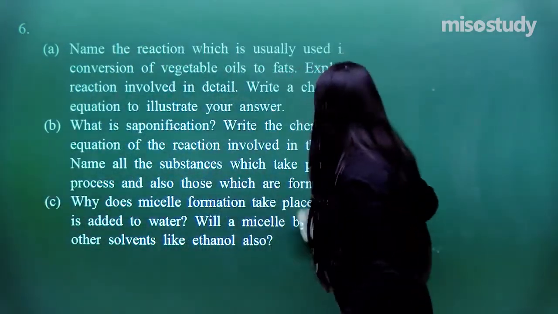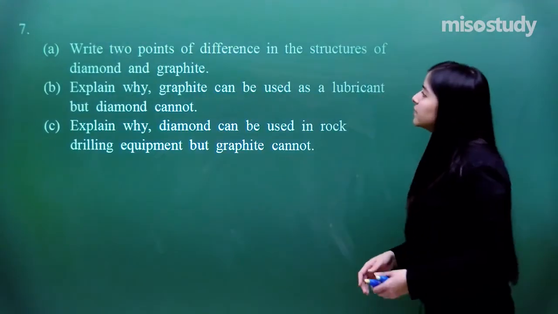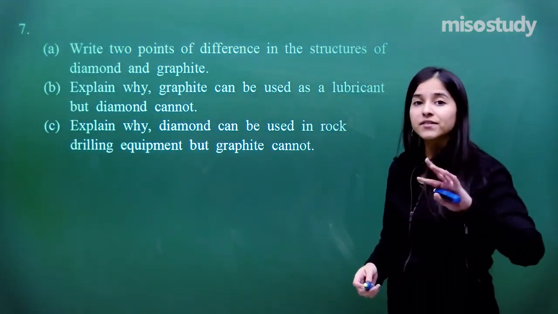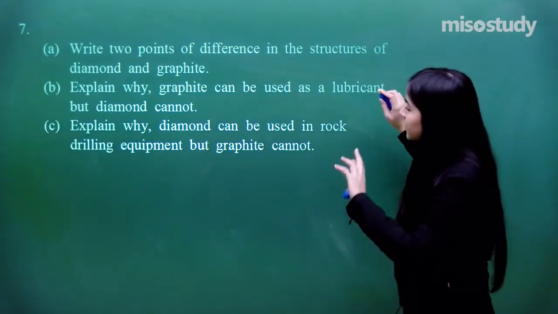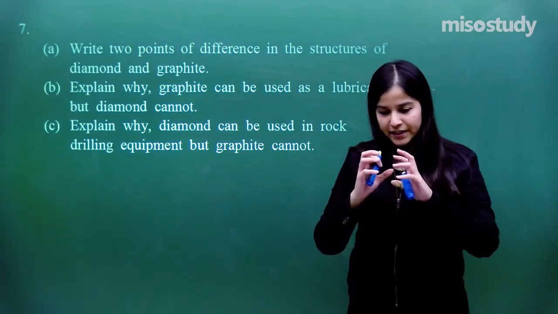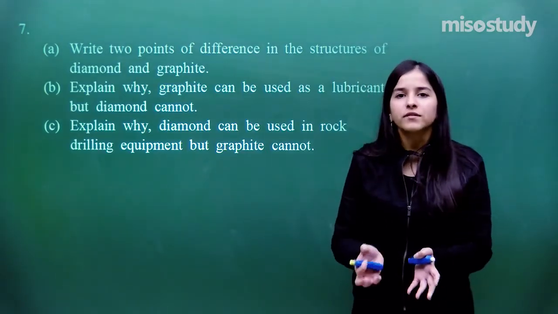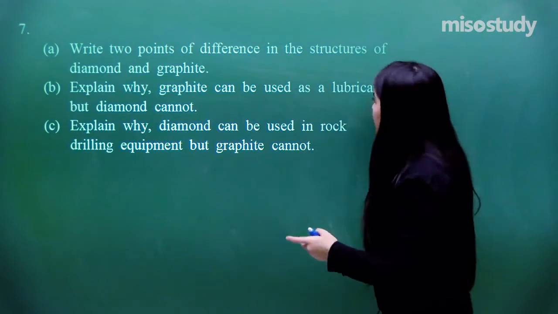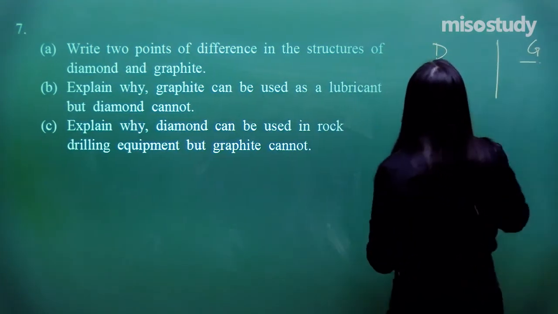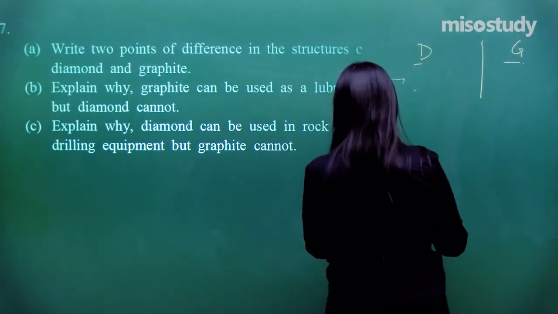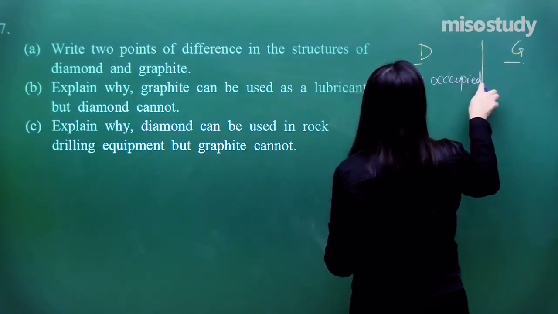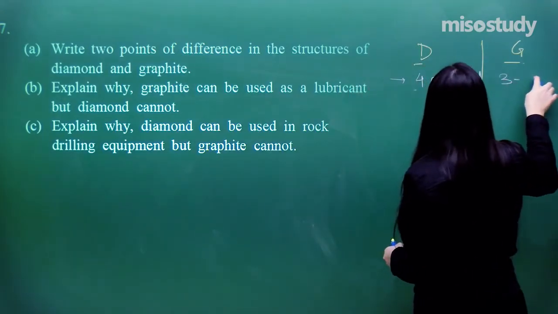Let's take up question number 7. Write 2 points of difference in the structures of diamond and graphite. We have discussed the structures already. Difference in the structures, can you tell me? In diamond, each and every carbon is associated with 4 carbons. So in diamond all 4 valencies are occupied, whereas in graphite 3 valencies are occupied.